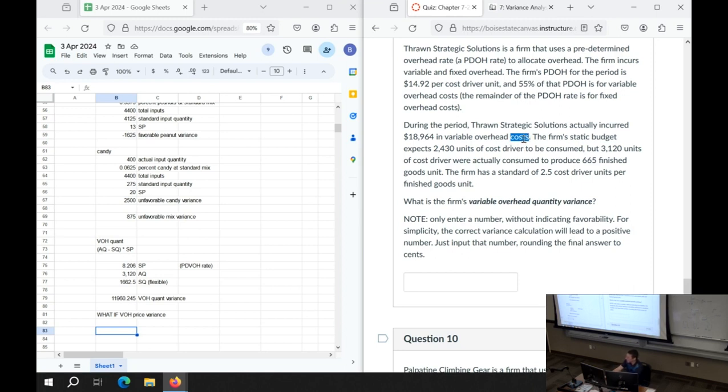I try to reserve the word costs for the total amount. It's this total box, SQ times SP, or in this case, actuals, the total box of AQ times AP. So when I say you incurred this amount of costs, or the standard was this amount of costs, I try to reserve that word cost for total costs.